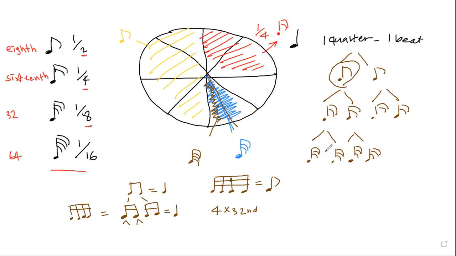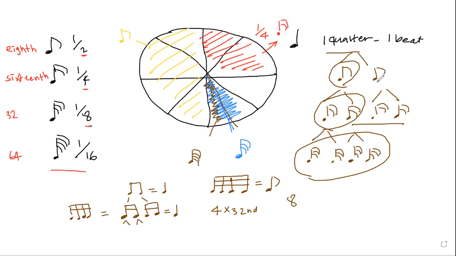For 1/8 you have 4 32nds, 2 16ths. Okay, so for a quarter note, you need how many? 8 32nds, 4 16ths, 2 8th notes. Okay, it's kind of like a dividing thingy.